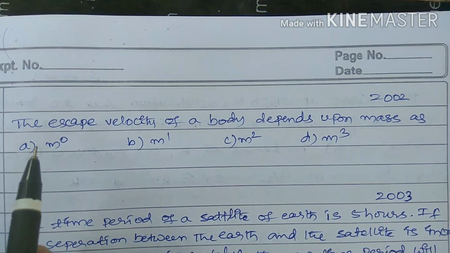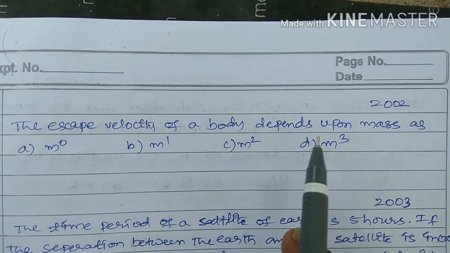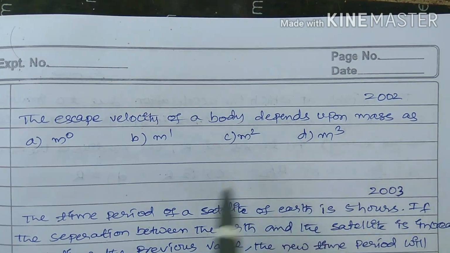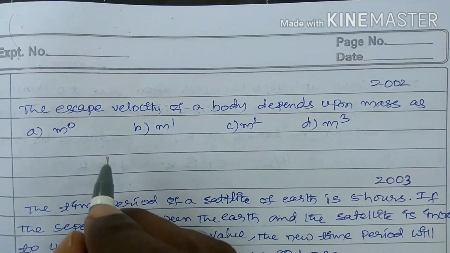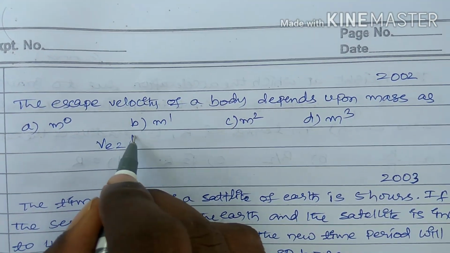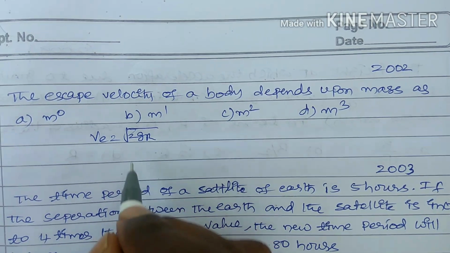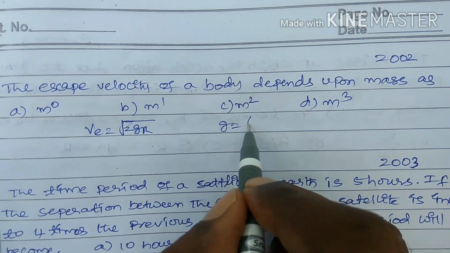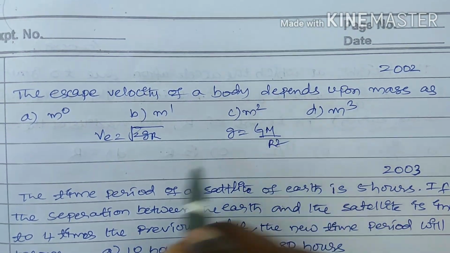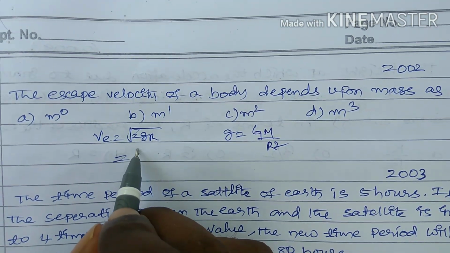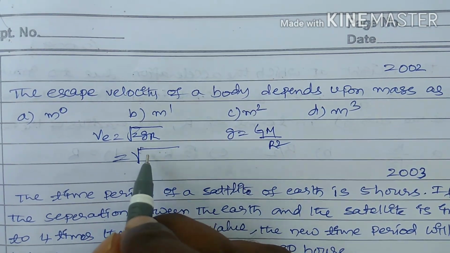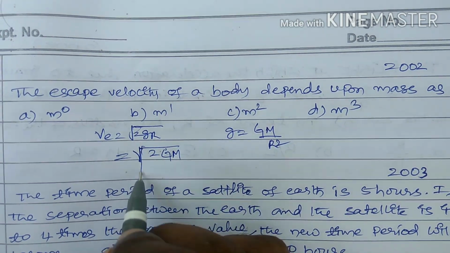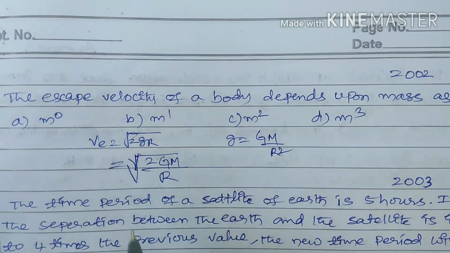Another question: the escape velocity of a body depends upon mass as m power 0, m power 1, m square or m cube. Here the escape velocity of the body is written as VE is equal to under root of 2gR. If small g is equal to GM by R square, then it will be written as under root of 2GM by R. The R square and R will be cancelled out.